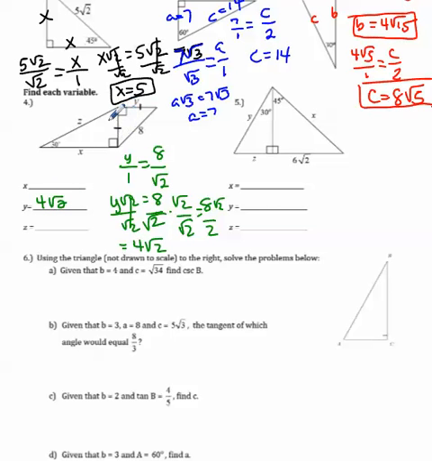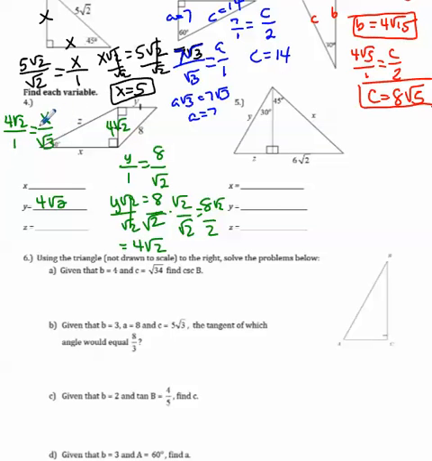That means this y is also 4 root 2. So now the 4 root 2 is the short leg on my 30, 60, 90. Now I need to find the long leg. I know the short leg is 4 root 2. In my parent triangle, the short leg is 1. In my triangle, the long leg is x, and in the parent triangle, the long leg is root 3.